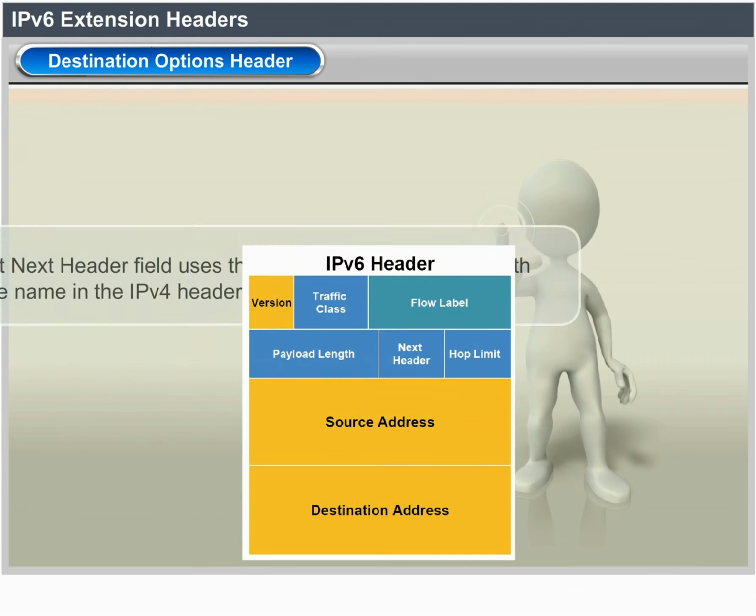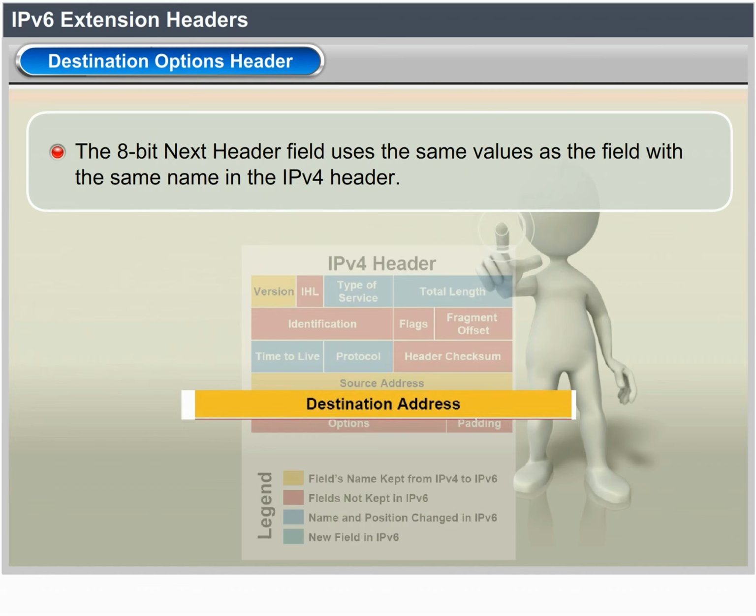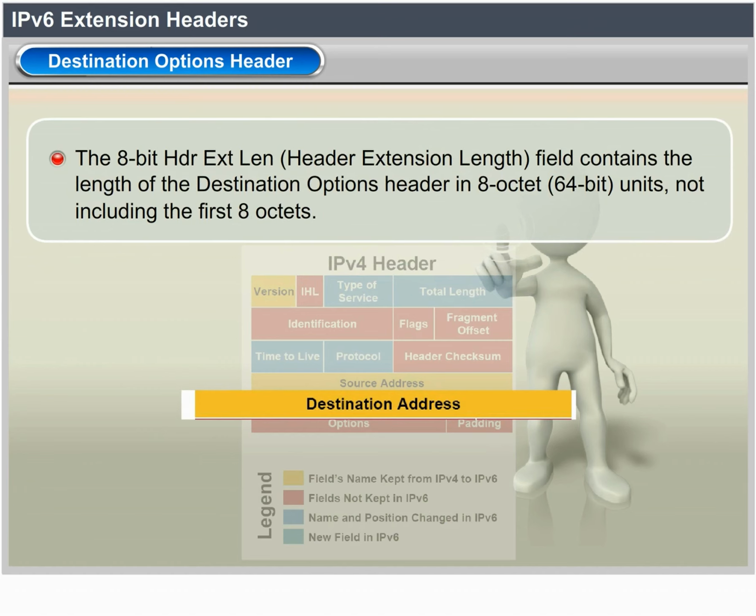The 8-bit next header field uses the same values as the field with the same name in the IPv4 header. The 8-bit HDREXTLEN header extension length field contains the length of the destination options header in 8-octet 64-bit units, not including the first 8 octets.